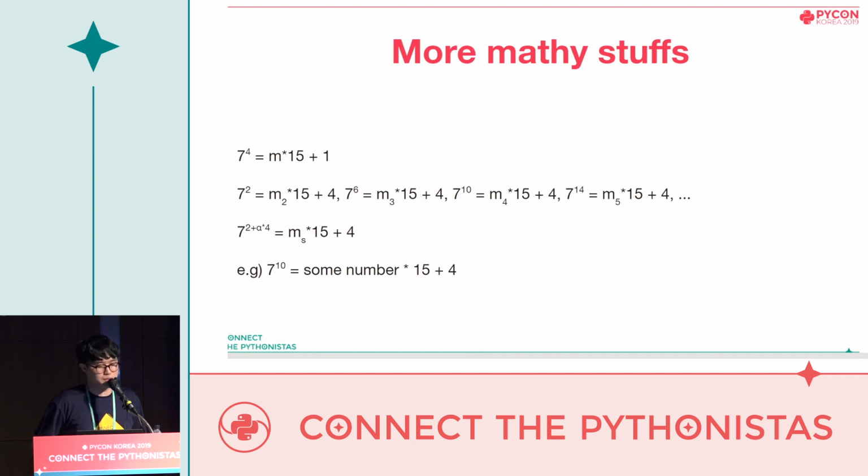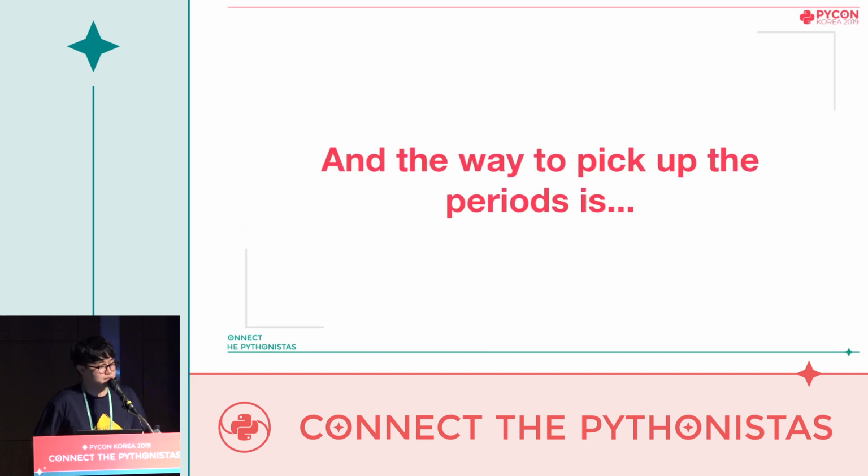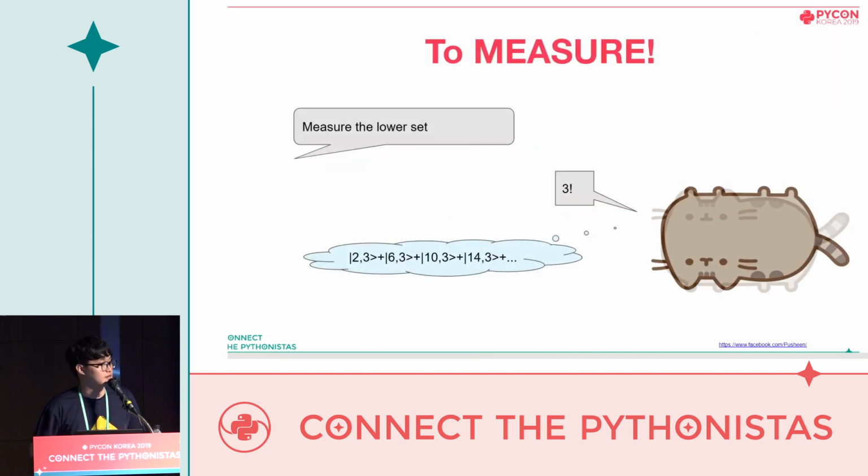This shows that the same remainders repeat in the period of 4, which actually is a number which, when used as a power, has a remainder of 1. So to find out the right number, we just need to find the period that repeats. And the quantum circuit uses a fantastic way to isolate the period, and the way is to measure.